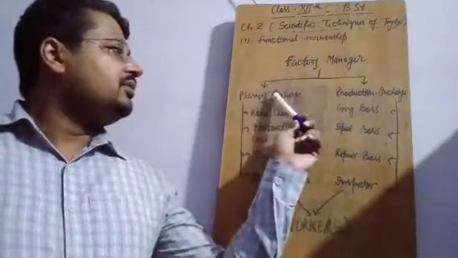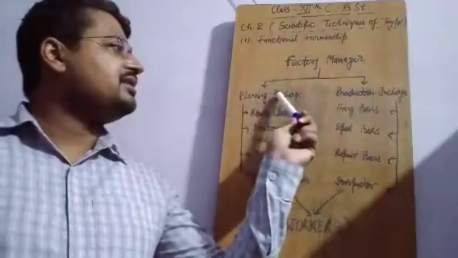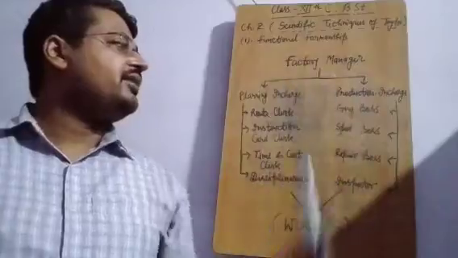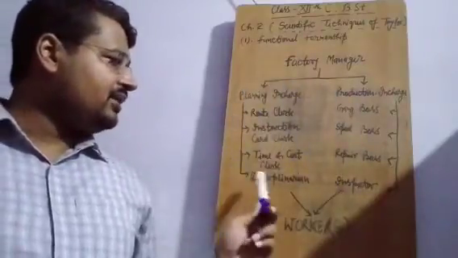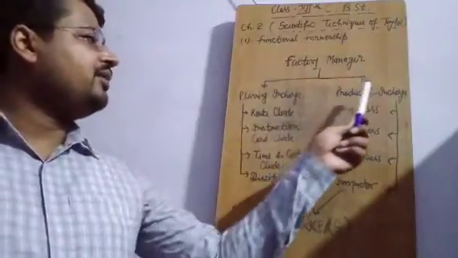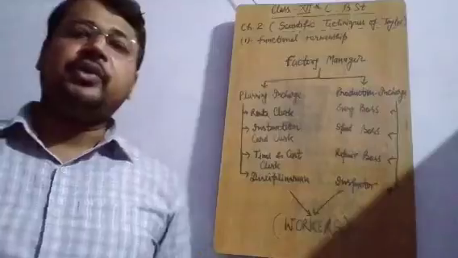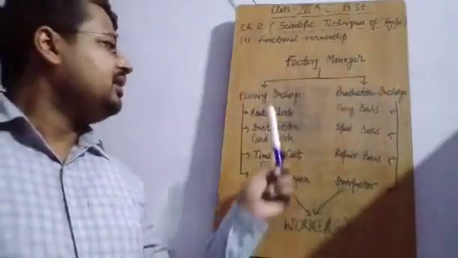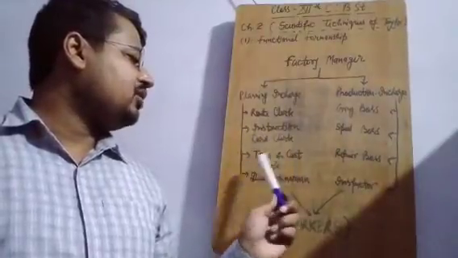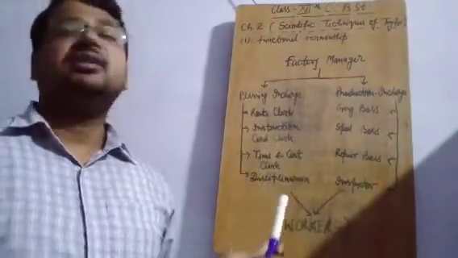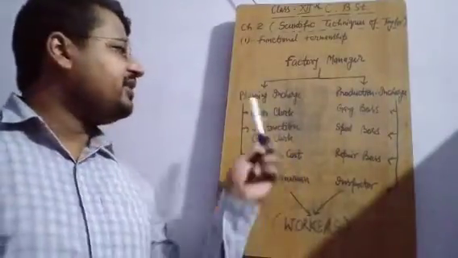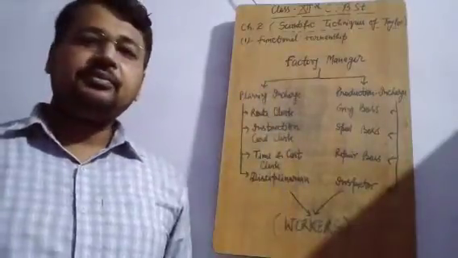So first, the factory manager devises two departments. One is planning and the second one is production. And then there are four foremans. The name of the foremans that are required to supervise the workers. In planning, route clerk, instruction card clerk, time and cost clerk, and disciplinarian are appointed. These four people will supervise all the activities that are done in this planning.